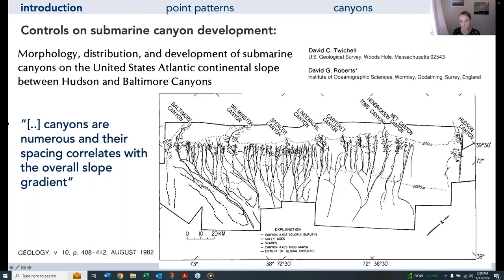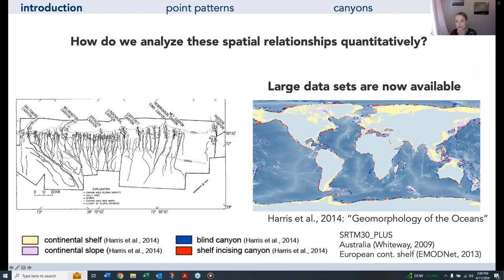So as we now have really large data sets, for example, this one mapped by Peter Harris and colleagues, published as a paper called Geomorphology of the Oceans, where they mapped canyons that are blind or that are confined to the continental slope and shelf-incising canyons, but also the extent of the shelf and the continental slope on a global scale, I was thinking, what techniques do we have to do exactly this, but on a large scale and quantitatively? How does the relationship between continental slope gradient and canyon abundance actually look quantitatively?